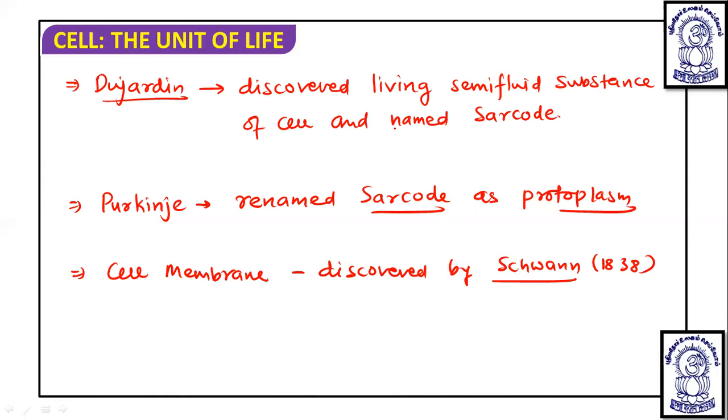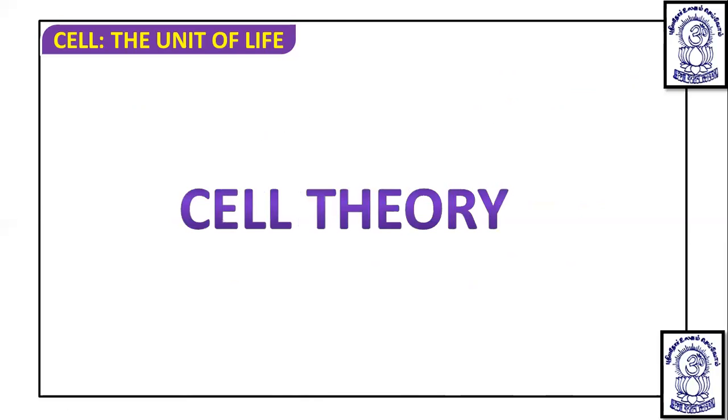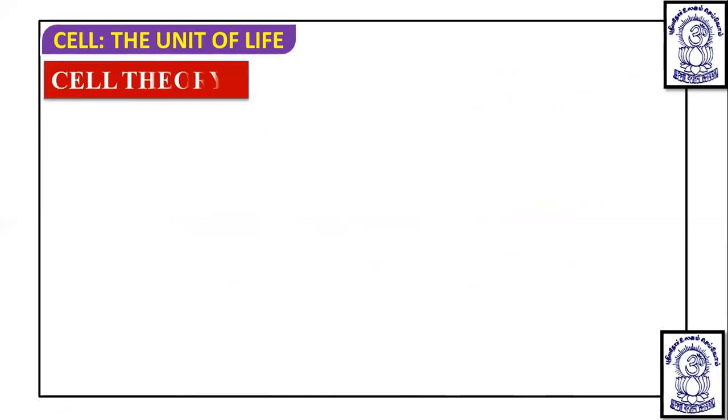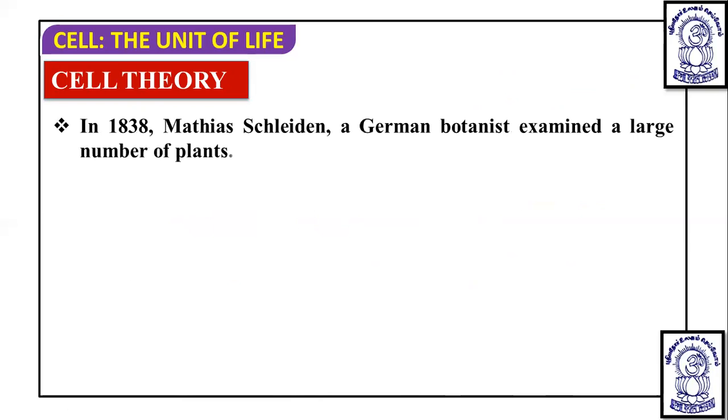But later on, the cell theory came into focus, which is one of the most important theories with respect to the discovery of cell. If we talk about cell theory, in 1838, there was one scientist whose name was Matthias Schleiden.